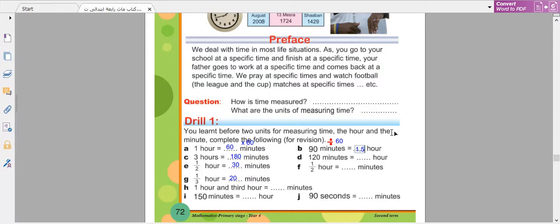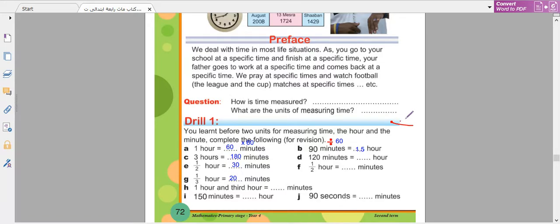How can we make it? I will explain it to you. Focus. We said that to change from minutes to hours, we divide by 60.